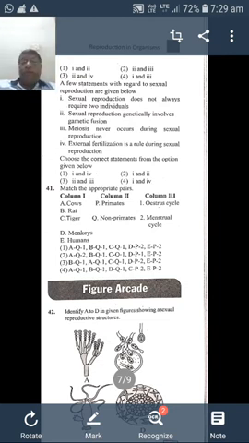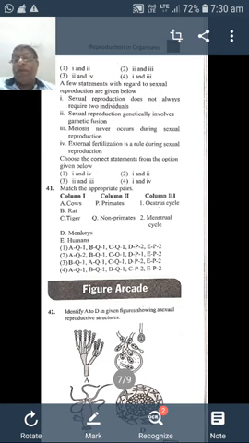Now, question number 40. A few statements with regard to sexual reproduction are given below. Sexual reproduction does not always require two individuals. Sexual reproduction genetically involves gametic fusion. Meiosis never occurs during sexual reproduction. External fertilization is a rule during sexual reproduction.